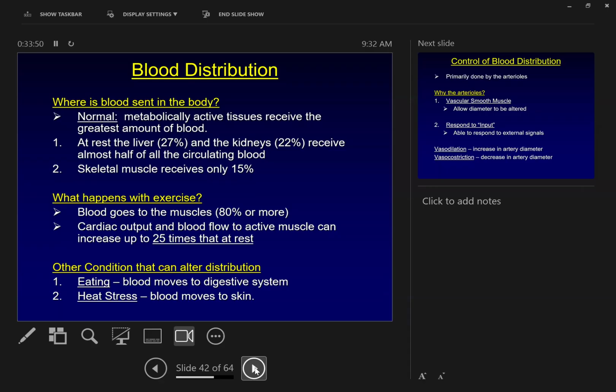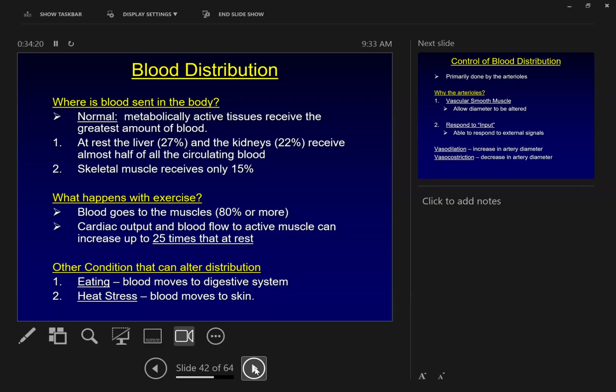So if we look at this, cardiac output and blood flow to active muscles can increase by up to about 25 times during high intensity exercise. Most of you can make your cardiac output go up 5 or 6 times from where it is at rest. By sending 80% of the blood, or in some instances almost 90% of the blood to working muscles, the blood that muscle sees may be 20, 25 times what it is at rest.